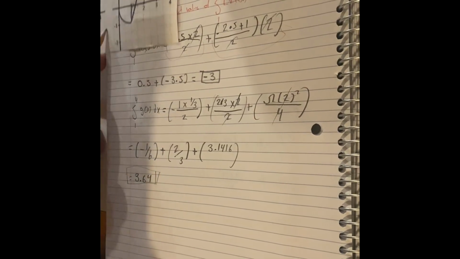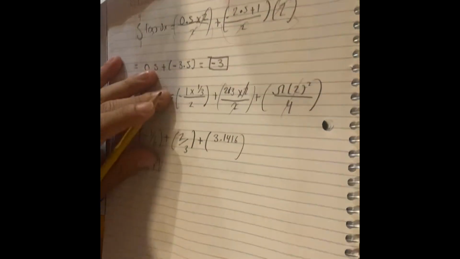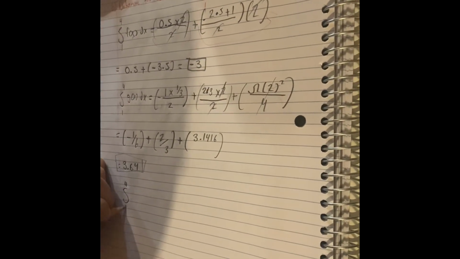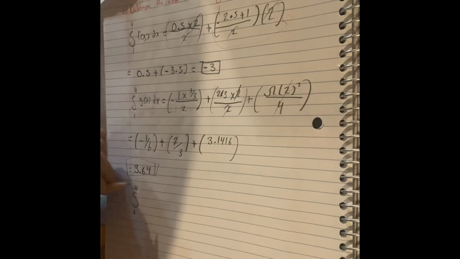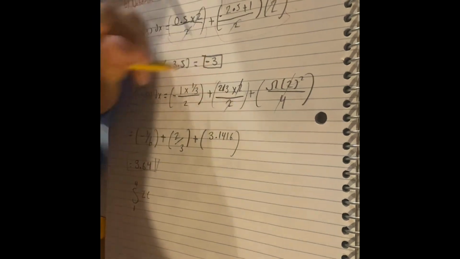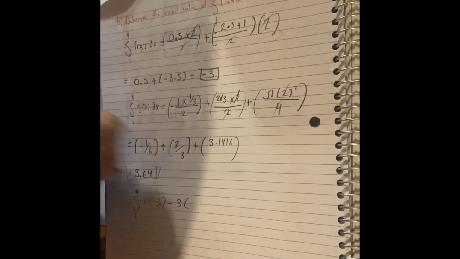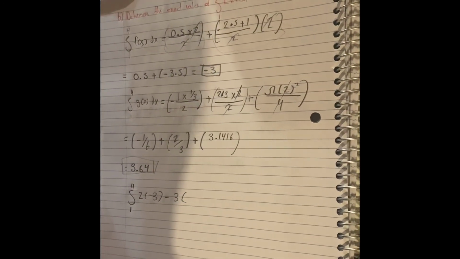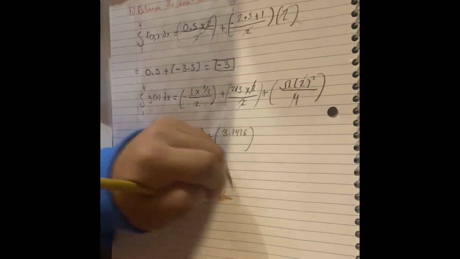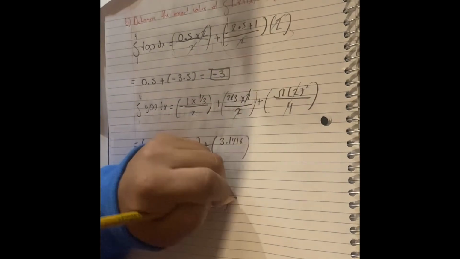So now that we have the area of both, we're just gonna plug it into the function. They're asking us for the integral from 1 to 4 of 2 times f of x, which we found is -3, minus 3 times the function g of x, which we found is 3.64, dx.